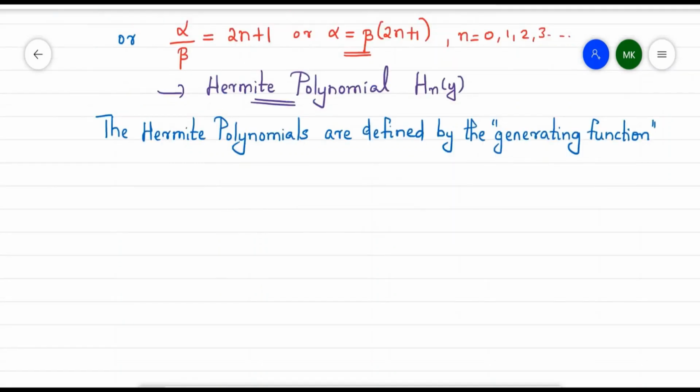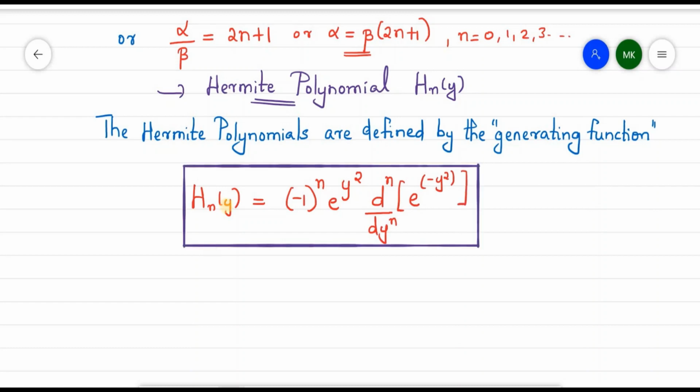The Harmonic polynomials are defined by the generating function Hn of y equals minus 1 raised to n e raised to y square d raised to n by dy raised to n of e raised to minus y square. So Hn of y is known as the Harmonic polynomial, which we obtained from the recursion formula.